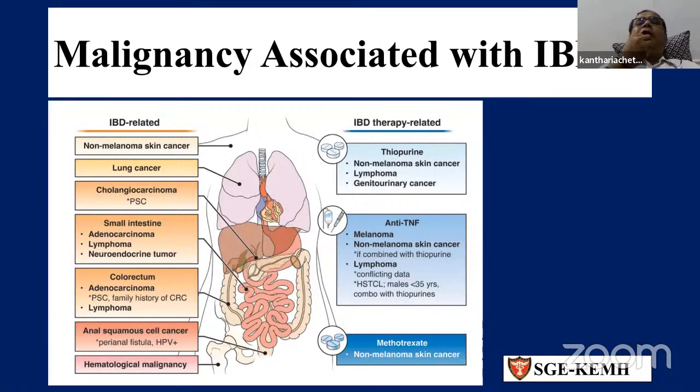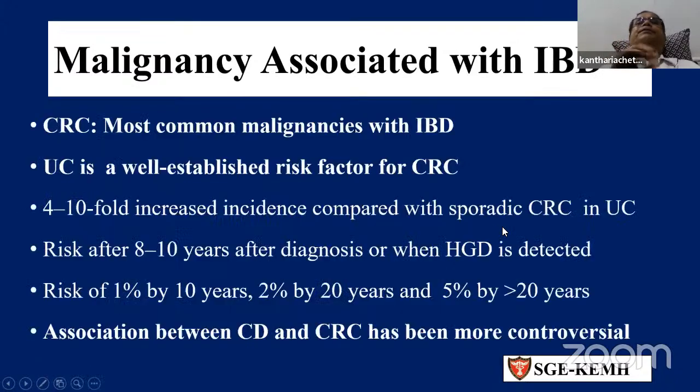As shown in this diagram, IBD can affect malignancies at all levels, beginning from skin, lung, it can cause cholangiocarcinoma, it can affect the small intestine, the colon and rectum, the anal canal, and also hematological malignancies. Besides this, the therapy related to IBD as well can lead to malignancy. So let us look into detail of how this occurs.